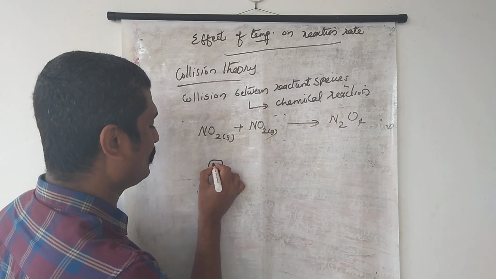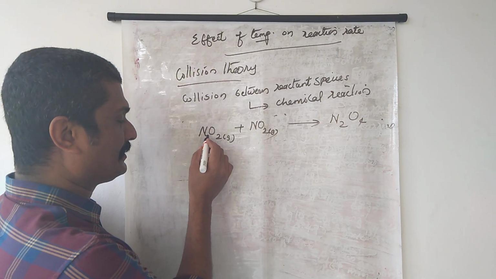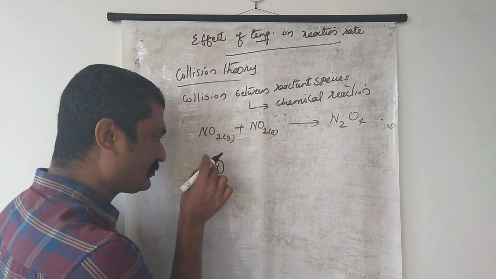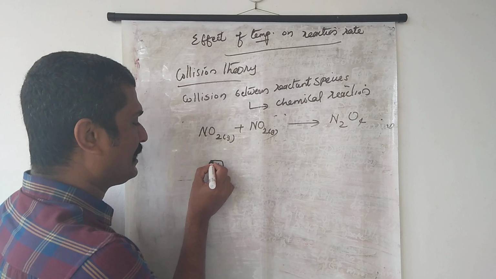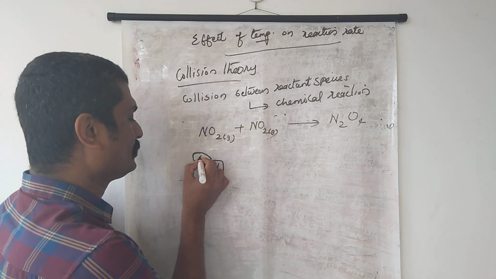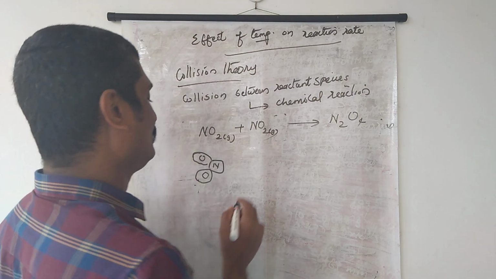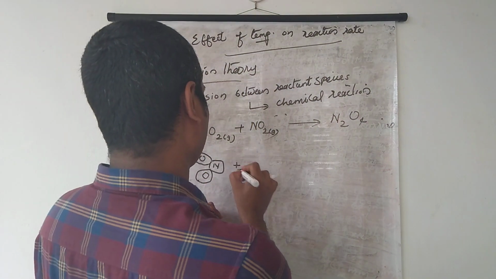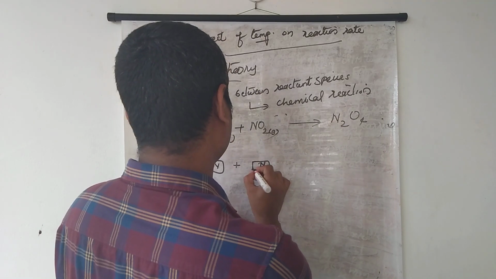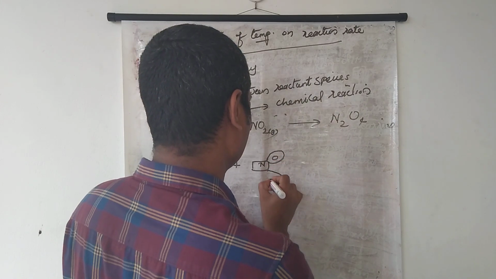One nitrogen atom and two oxygen atoms are present in one NO2 molecule. NO2 plus NO2.